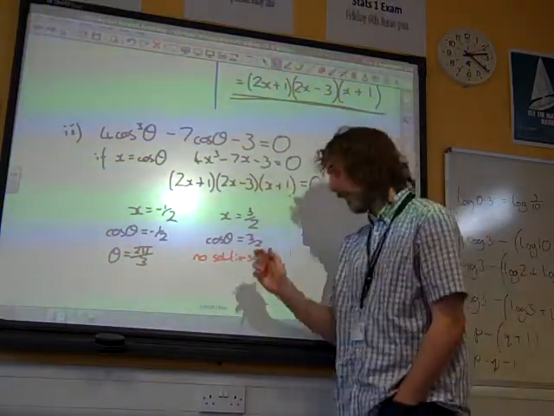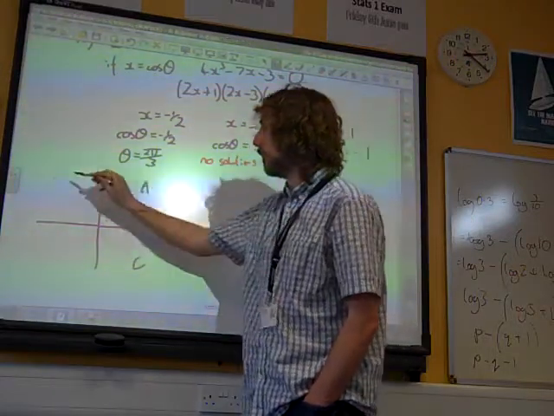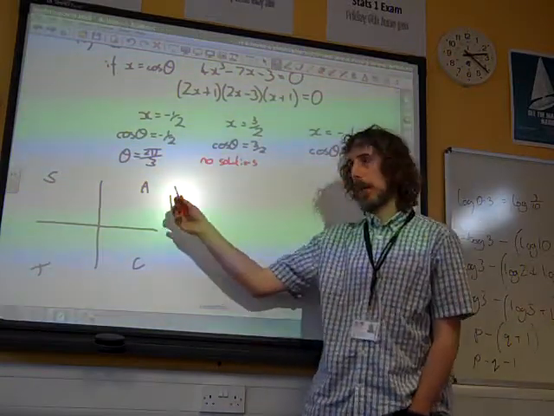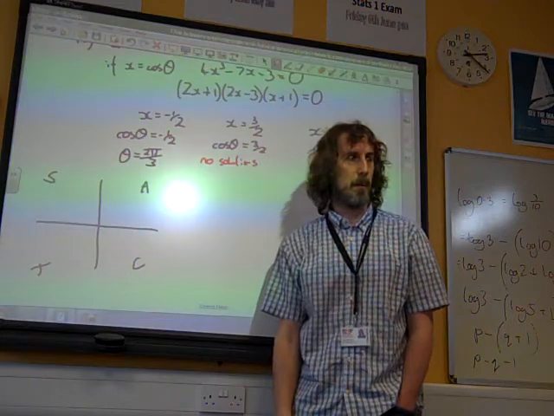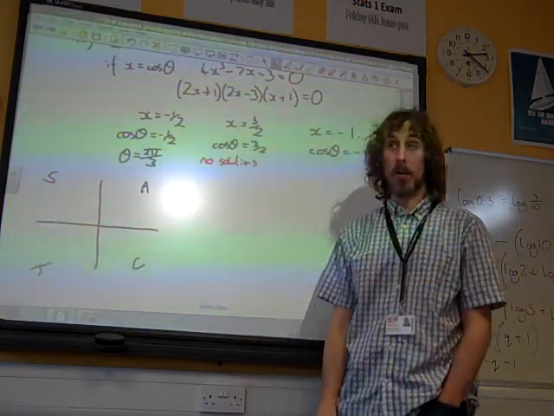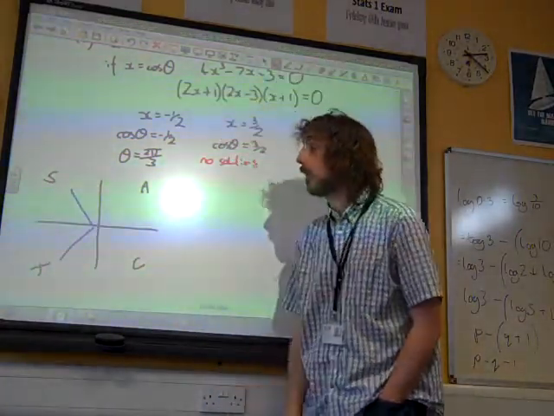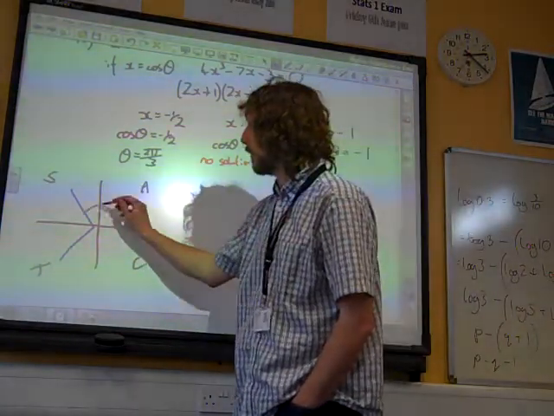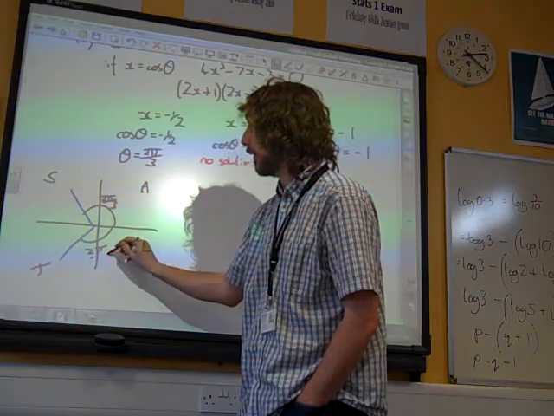We need to work out the second value. So we're going to write these on here. It's cos and it was negative, so it's going to be in there and there. Our calculator's just told us 2 pi by 3, which would make that angle there 2 pi by 3.